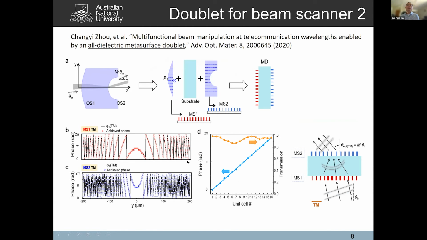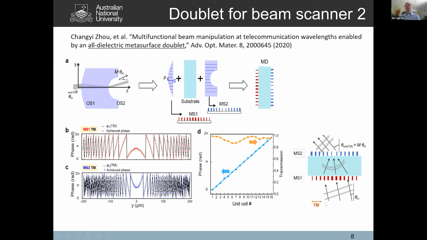We designed two metasurfaces imitating a convex lens and a concave lens. By carefully choosing the structure width, we achieved the phase profiles of a Fresnel convex lens and a Fresnel concave lens.